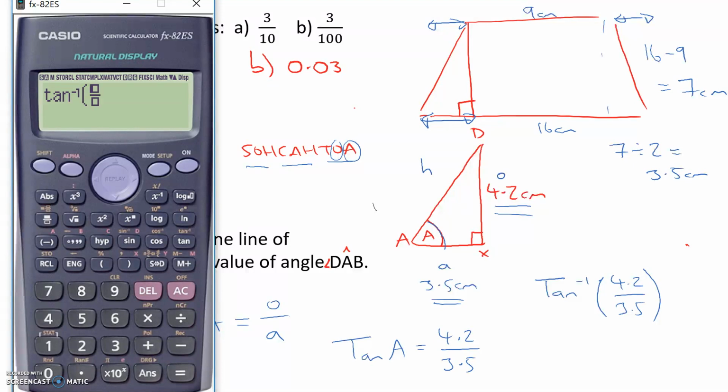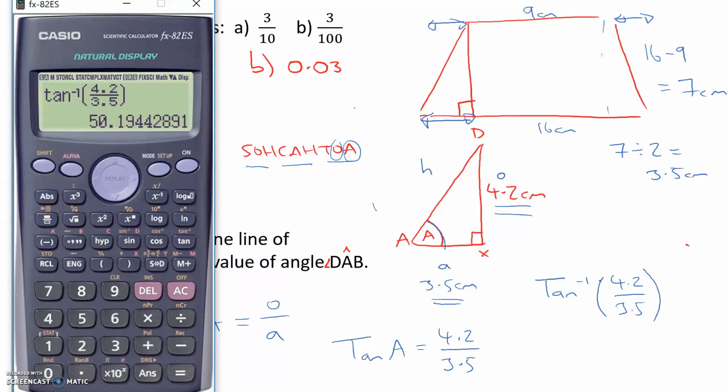We want, you can put it in as a fraction if you like, 4.2 divided by 3.5. And we can close the brackets. Right, like that. It's better. So we've got inverse tan, 4.2 divided by 3.5. What does it give us?